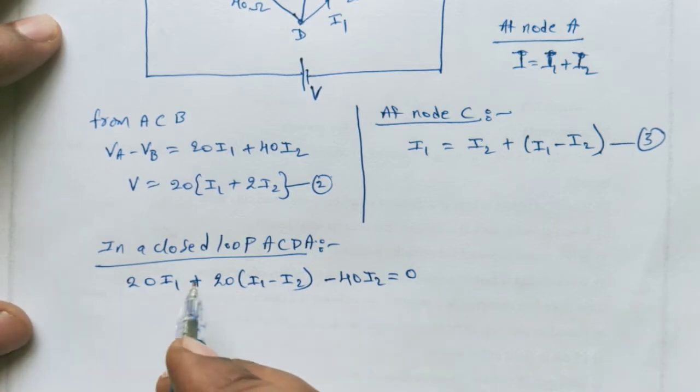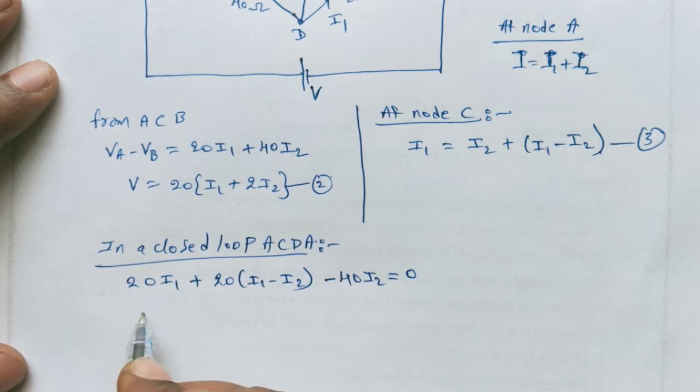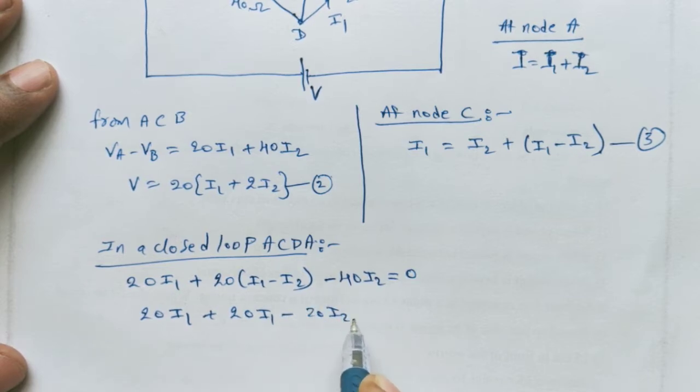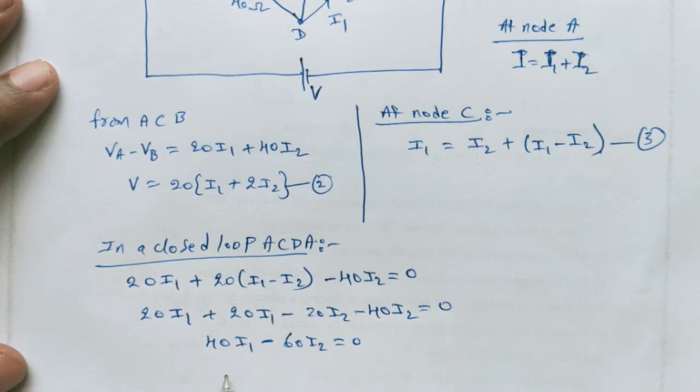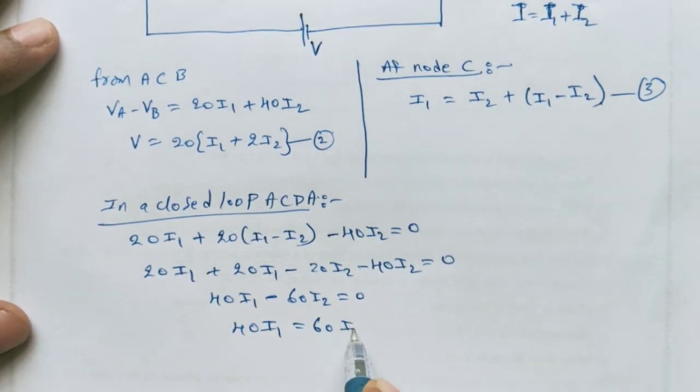Students, expanding this on simplification, we get 20 I1 plus 20 I1 minus 20 I2 minus 40 I2. So 40 I1 minus 60 I2 is equal to 0. Therefore 40 I1 is equal to 60 I2, so 2 I1 is equal to 3 I2.